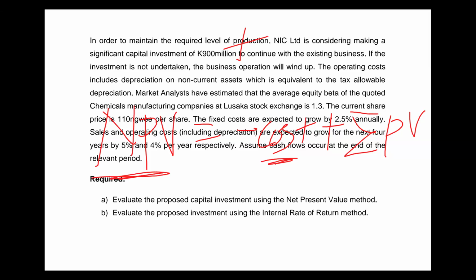All right. Having said that, the other thing you should be reminded of is how we come up with the present value.